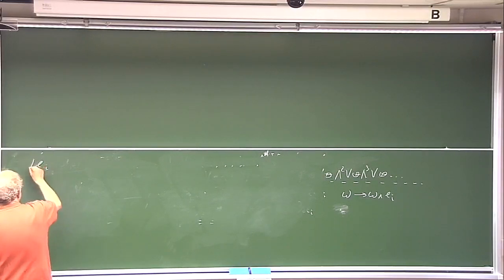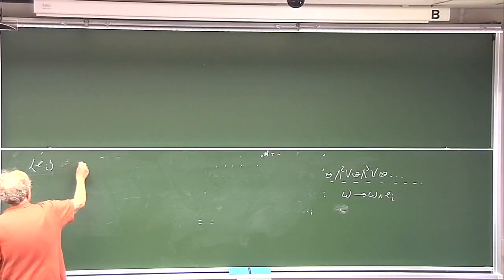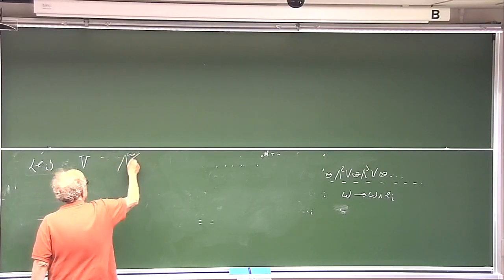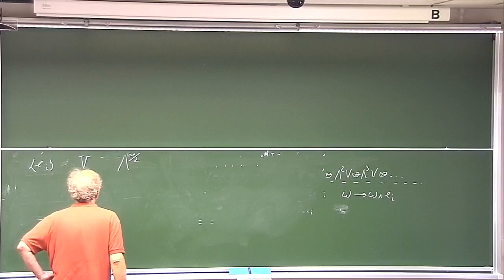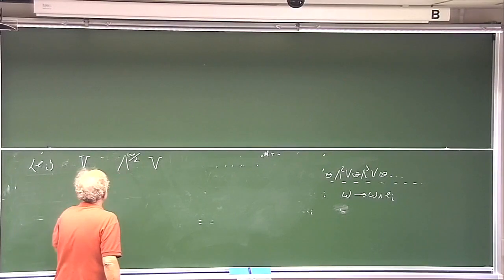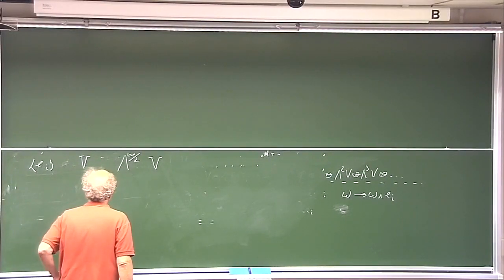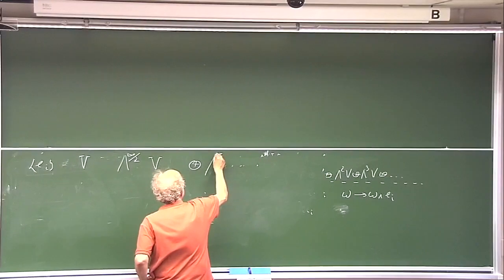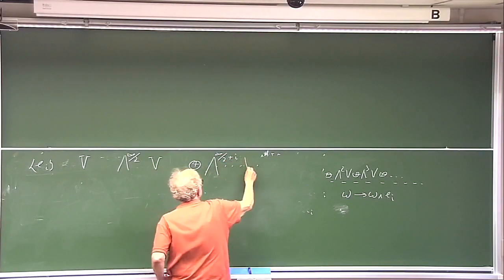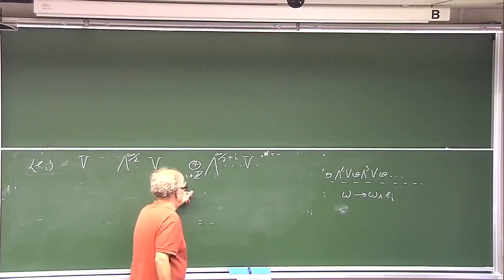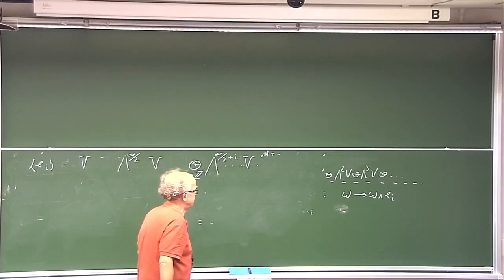I take e_i, a basis in some vector space V. And this notation is bad, because actually what we get is the direct sum, the meaning of i I may explain a little later.